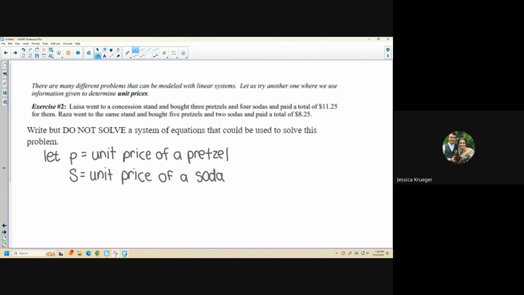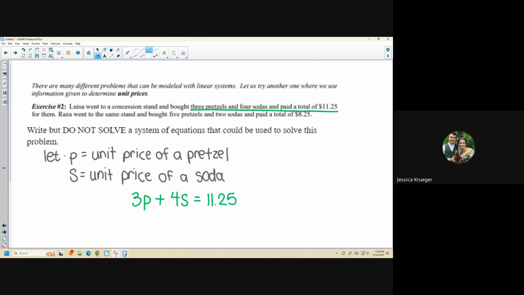This is different because I'm not counting up total number and total cost. They're just giving me something I can translate directly into an equation. 3 pretzels, 3P, plus 4 sodas, 4S, is $11.25. There's my first equation.